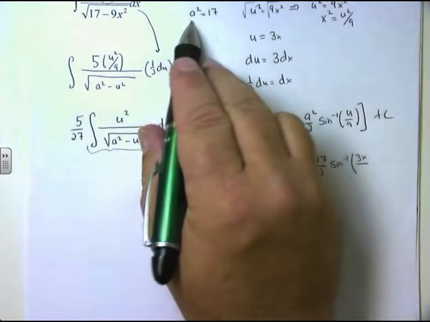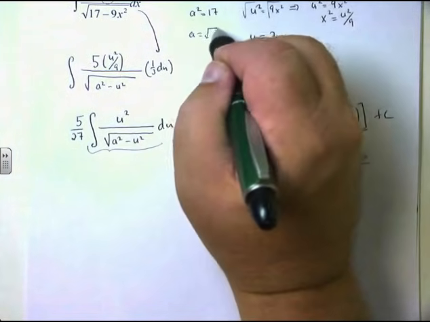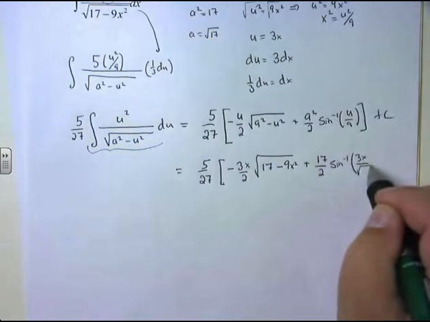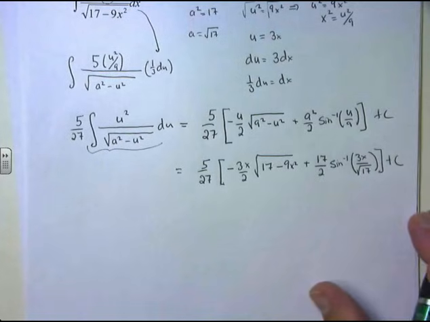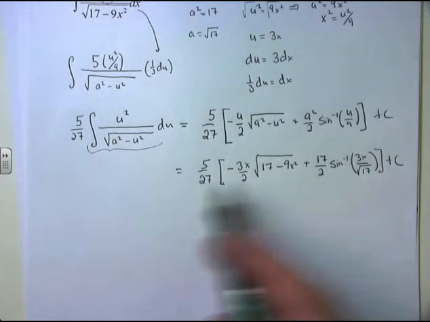Well, I got a squared to be 17, so that makes a the square root of 17, plus c. And honestly, this is my solution.